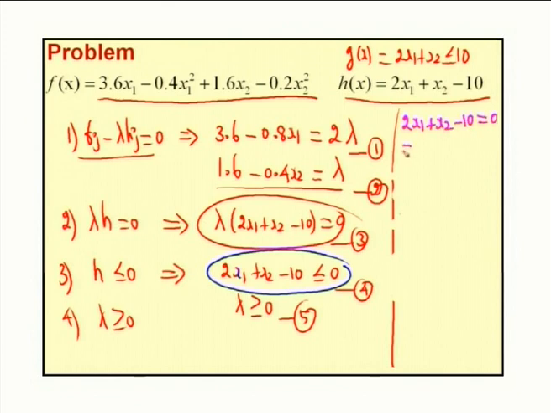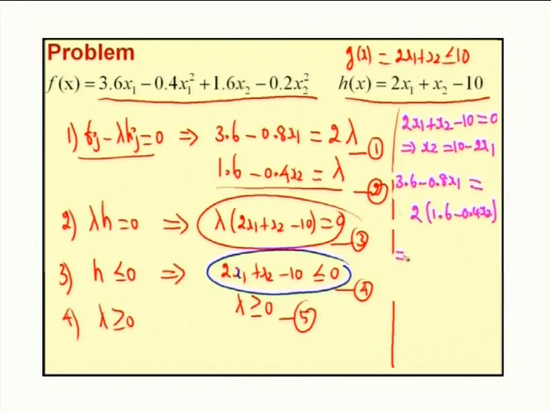From this equation, we have x2 equal to 10 minus 2x1. Now, consider the first two equations. From the first two equations, we have 3.6 minus 0.8 x1 equal to 2 into, instead of lambda, I will substitute 1.6 minus 0.4 x2.